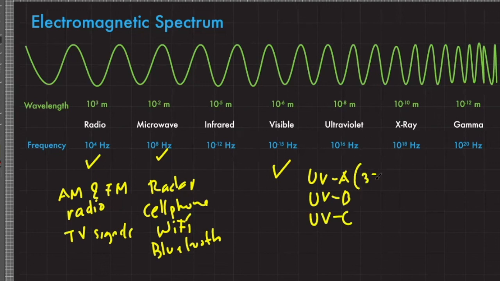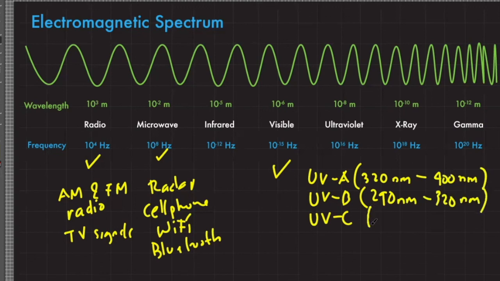UV-A is from 320 nanometers to 400 nanometers. UV-B is from 290 nanometers to 320 nanometers. And UV-C is 220 nanometers to 290 nanometers.